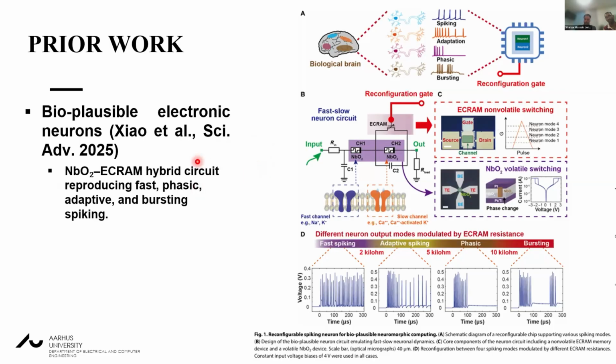The ECREM acts as the variable resistance, and based on the resistance variation, it can execute different kinds of spiking. For different values of resistance, it can spike fast, adaptive, phasic, and bursting.